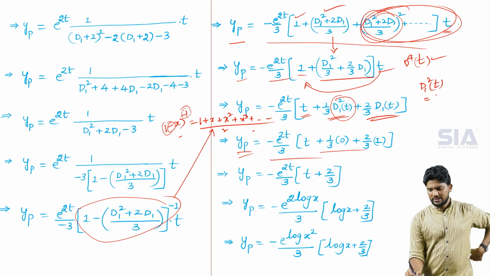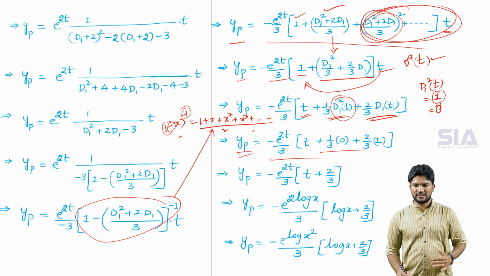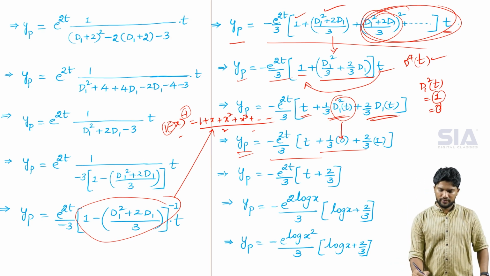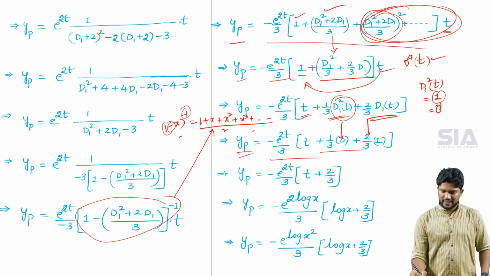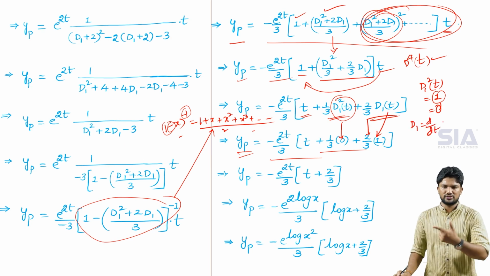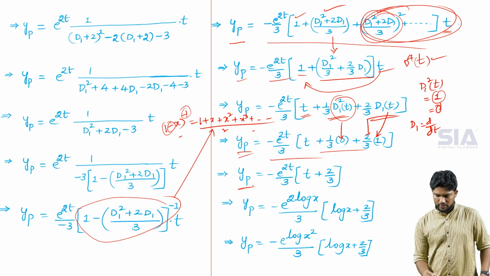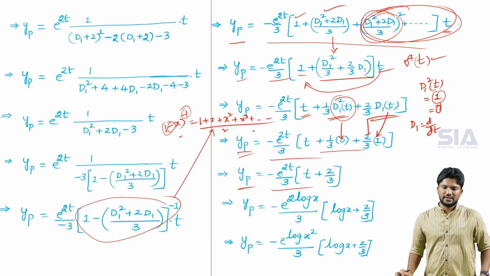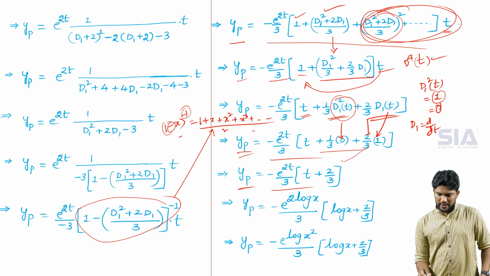The first derivative of t is 1, and the second derivative of 1 is 0, since the derivative of a constant is 0. Next plus 2 by 3 as it is into D1 of t. Here D1 is nothing but d by dt, and with respect to small t it will become 1. So y suffix p is equal to minus e power 2t by 3 into t plus 2 by 3.